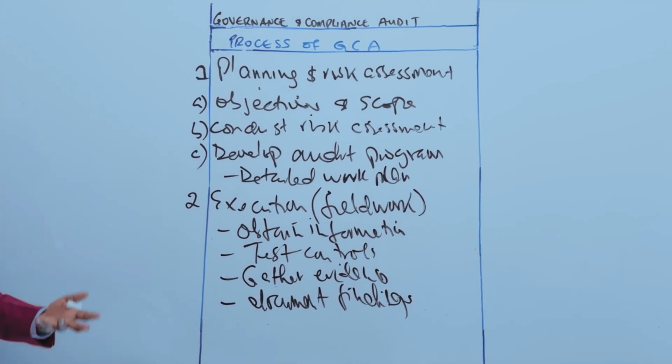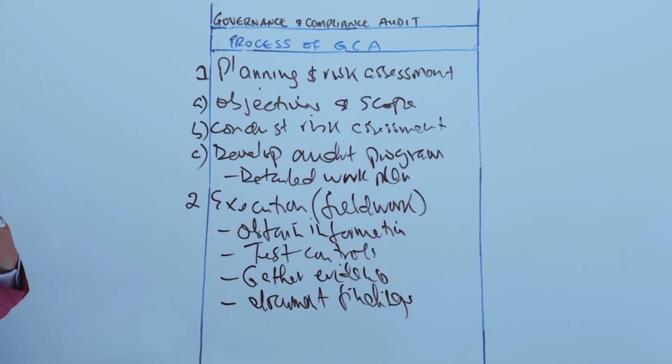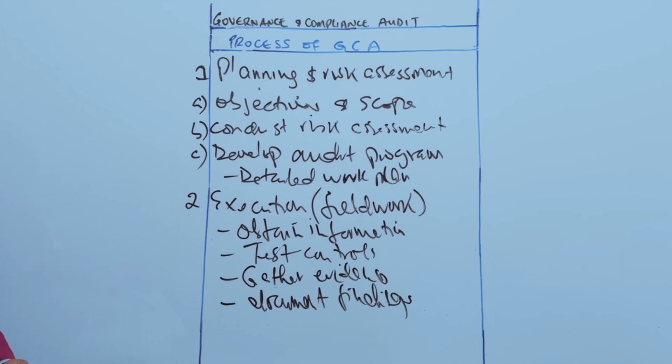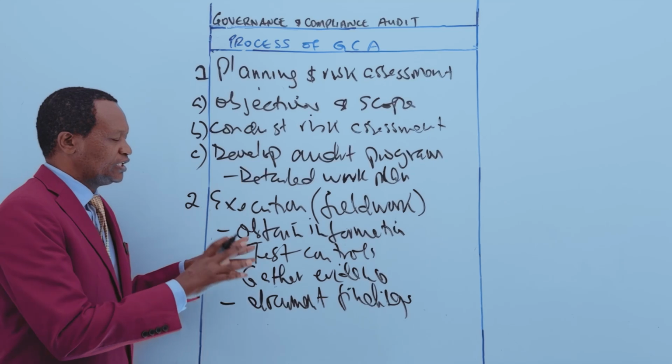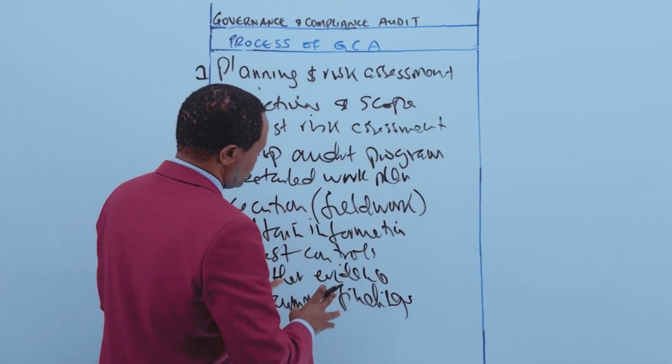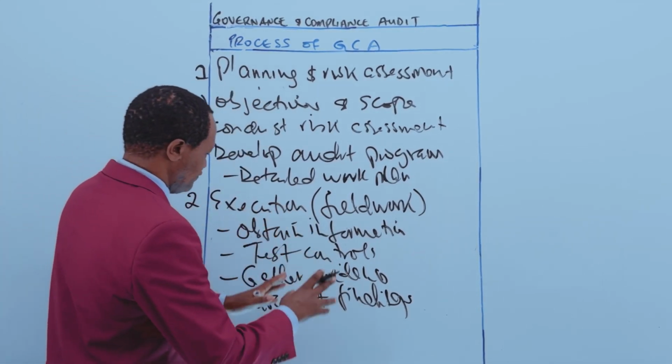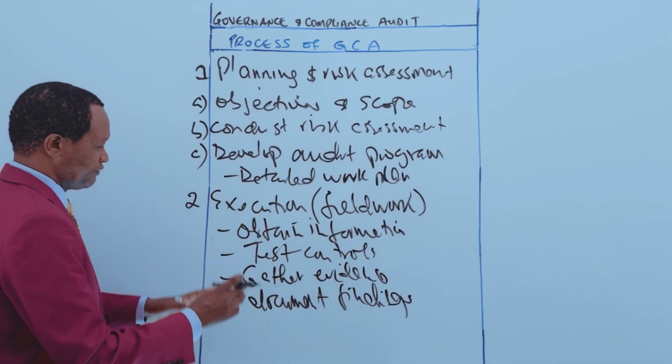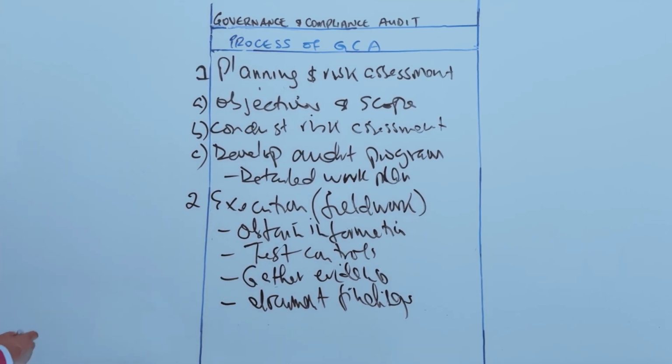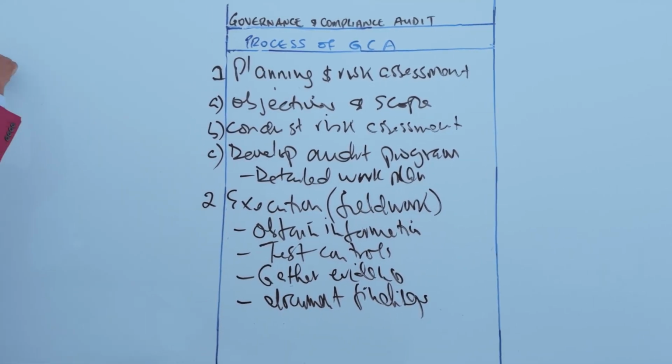You have to record any exceptions or control deficiencies. You do what we call preliminary findings. You discuss the preliminary findings with management to ensure factual accuracy and also identify the root cause of any issue that you may come across when obtaining evidence. So you document the findings, then you move to the third phase, which is reporting.